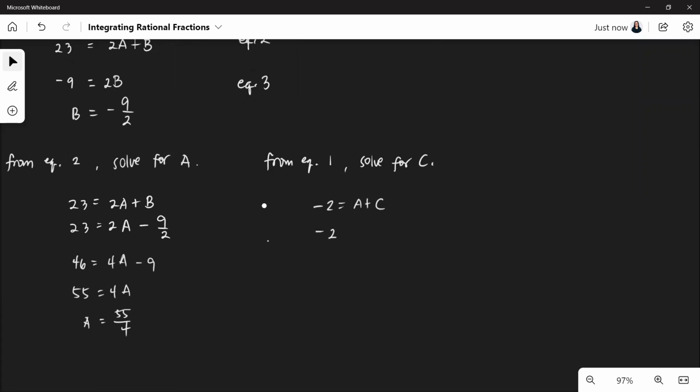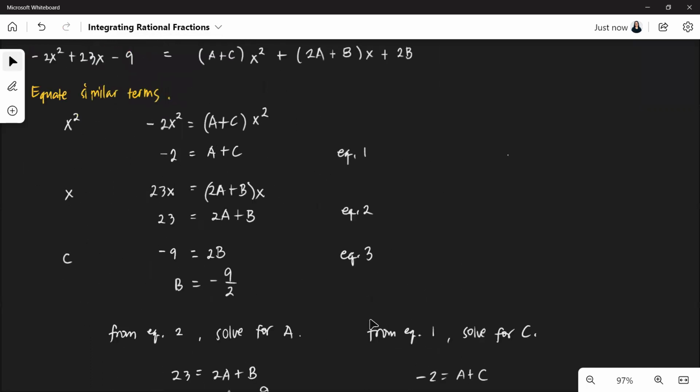So negative 2 is equal to 55 over 4 plus c, or multiplying the whole equation by 4, negative 8 equals 55 plus c, or c is negative 8 minus 55, that's negative 63. So c is negative 63.